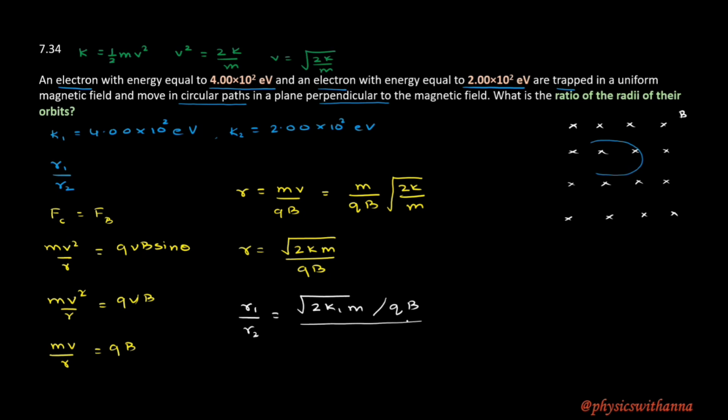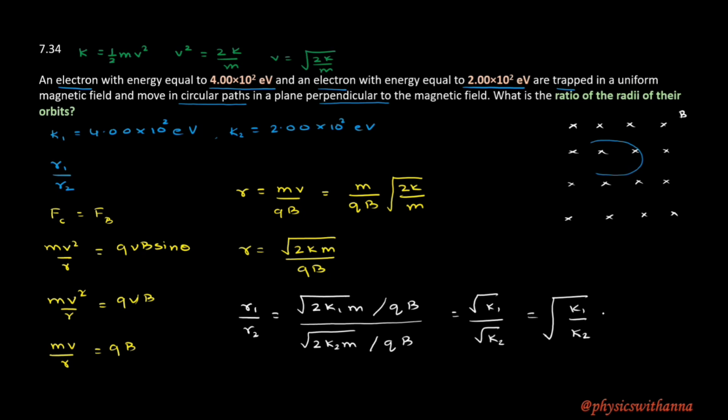And for R2, again the same thing, square root of 2K2m over qB. So only the kinetic energy values will be different for the two electrons. The other terms remain the same. And since the value of other terms is the same, we can cancel them off, and you will be left only with square root K1 over square root K2, which is root of K1 by K2.